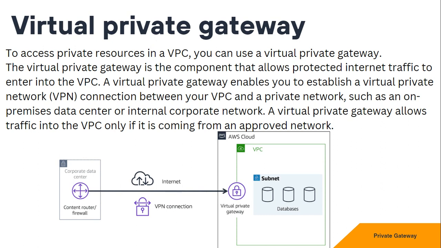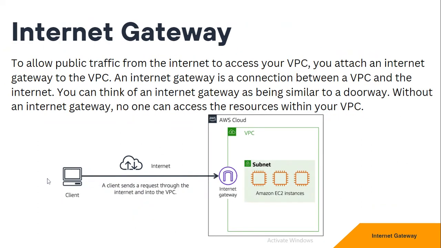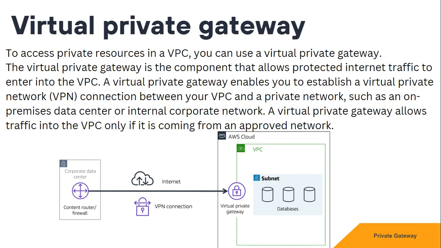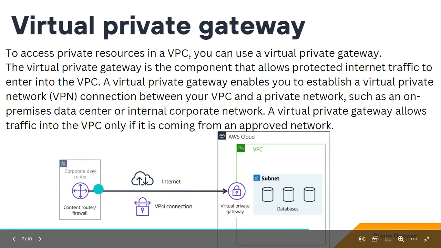At that time, I'll attach a virtual private gateway, so that it only allows the private traffic. In this figure you can see a random computer, and here it's a corporate data center.